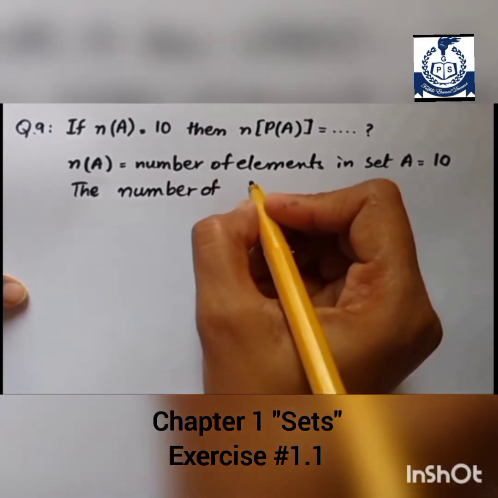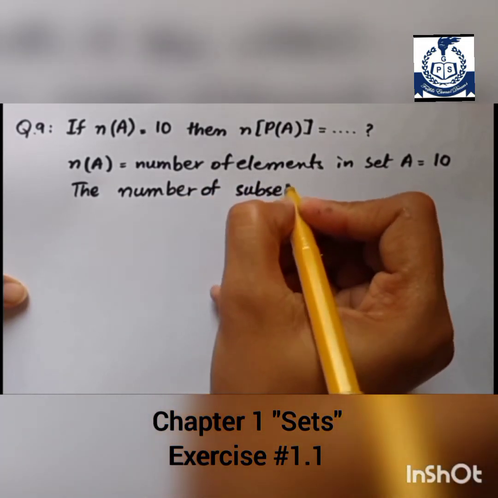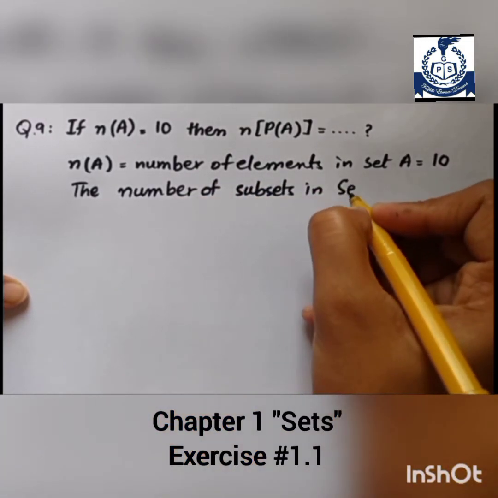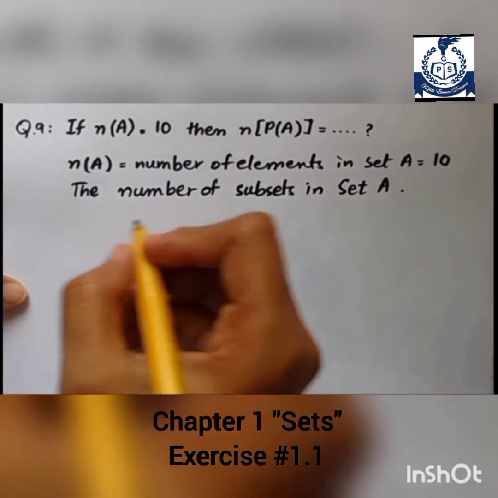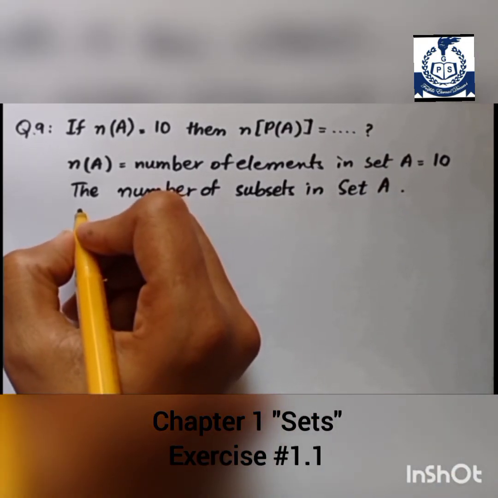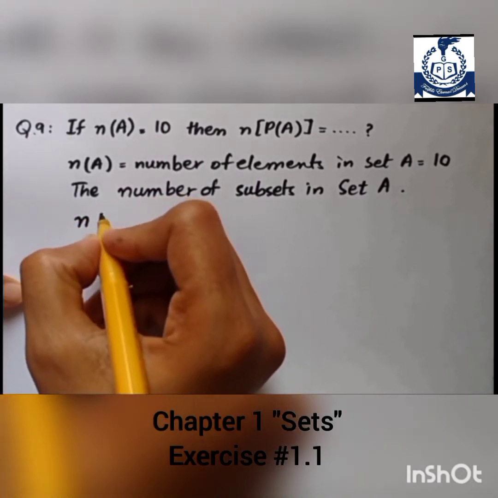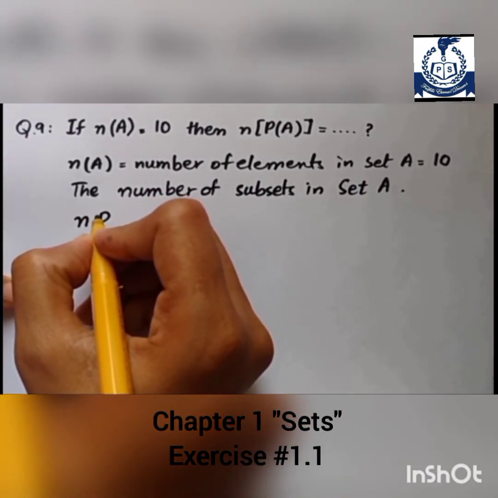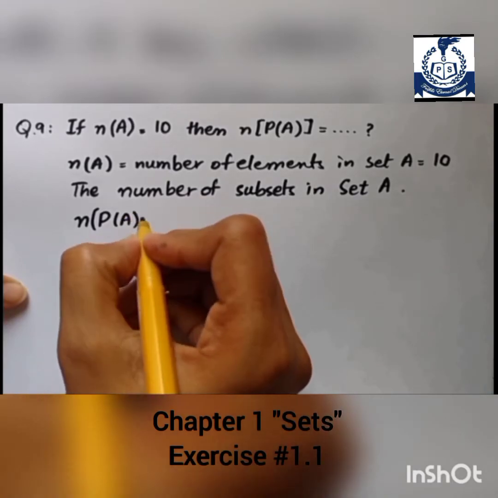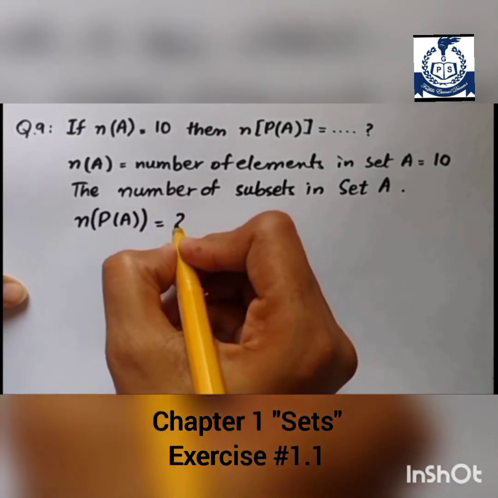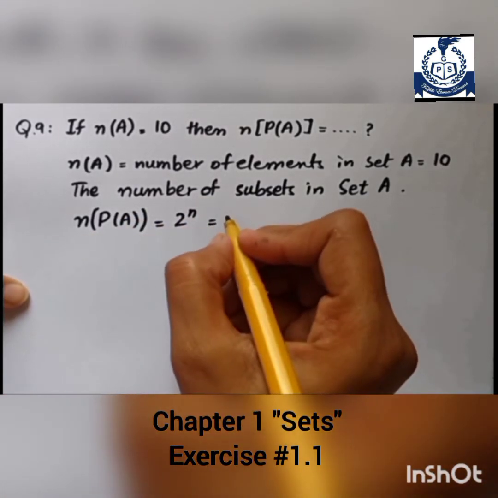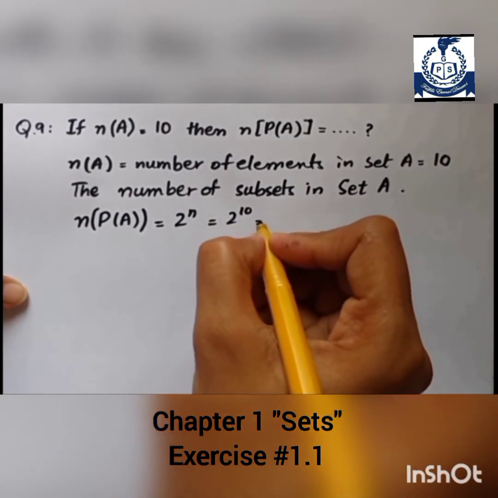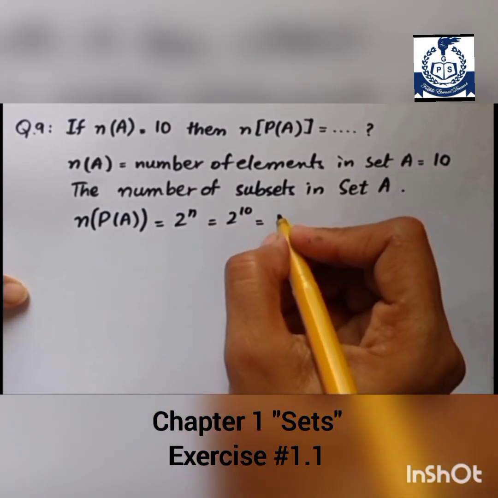The number of subsets in set A is 2 power n. n(P(A)) is equal to 2 power n, n is equal to 10, so 2 power 10.